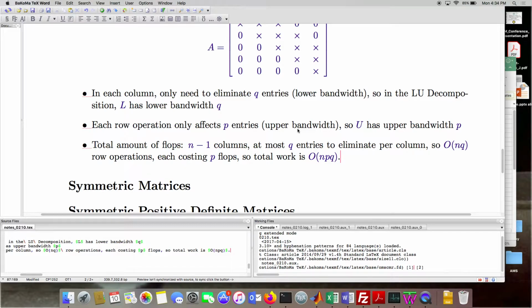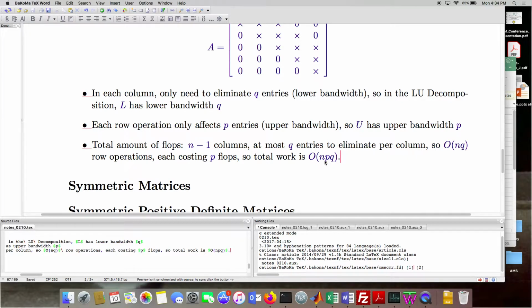Now, this is consistent with Gauss elimination on a general matrix, because in a general matrix, you have order n entries to eliminate in each column. Each row operation costs order n flops, because usually you're working on the entire row from the diagonal on. So, in the general case, the total work would be order n cubed.